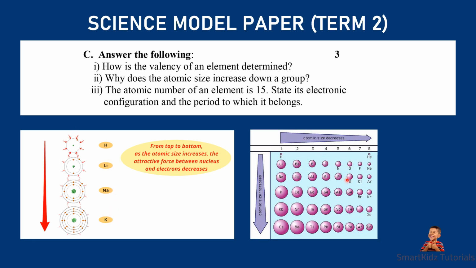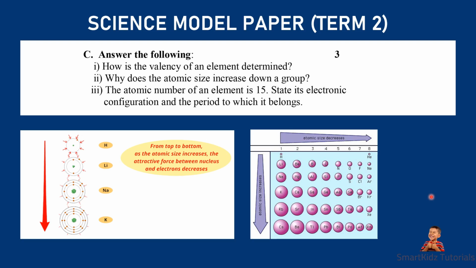This shows you that down a group, the atomic size increases, but across the group, the atomic size decreases. Although it is not asked for in this particular paper and question, I am addressing this as well. When we move across the period, the attractive force of the nucleus increases, and that pulls the electrons closer to it, thereby shrinking the atomic radius or the atomic size.